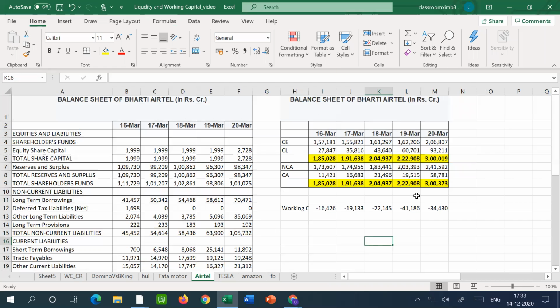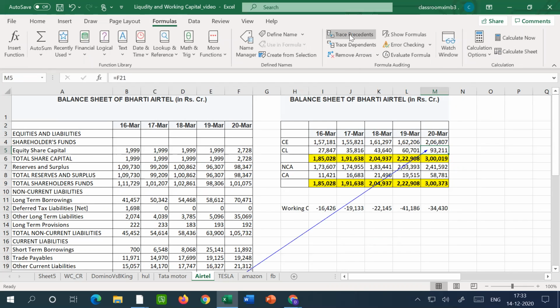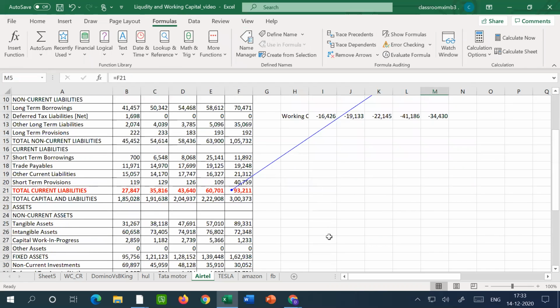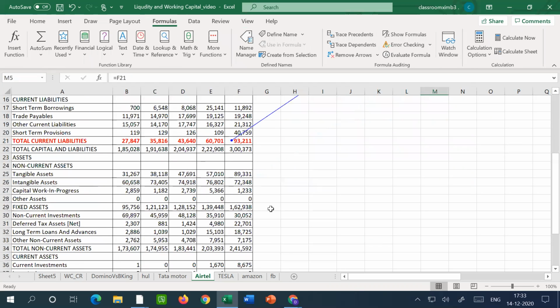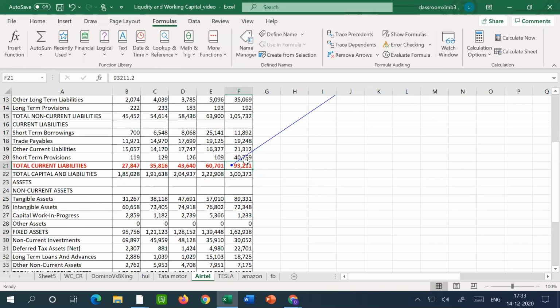Airtel? Airtel, we can see once again is having a negative working capital. The negative working capital is because all through the current liabilities have been rising, and 93,000 crore, and out of that they have the trade payables and short-term provisions.